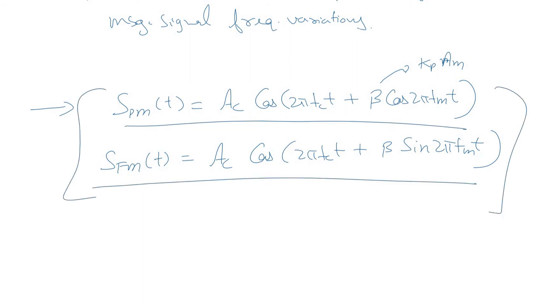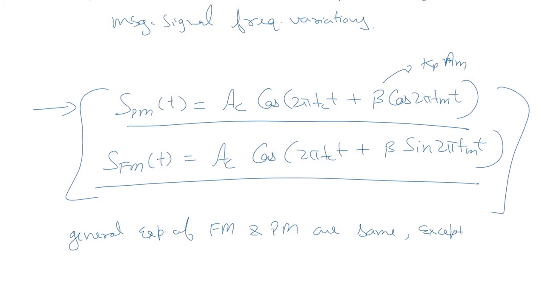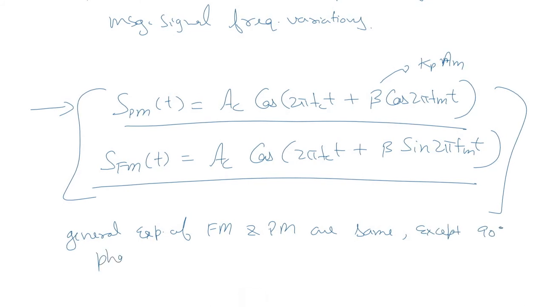So the general expressions of FM and PM are almost same, except 90-degree phase shift at message frequency component.